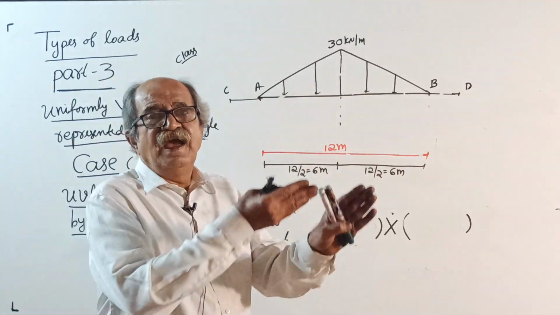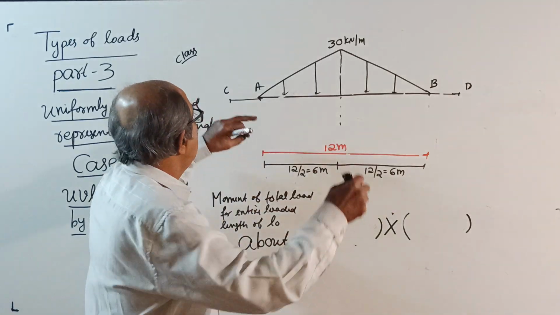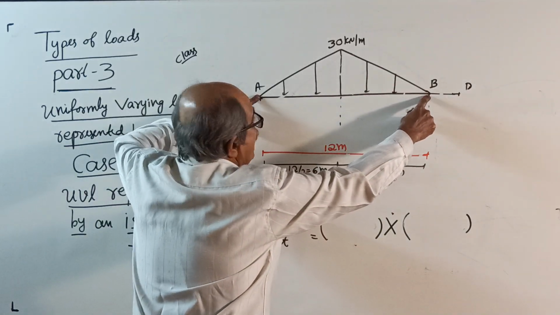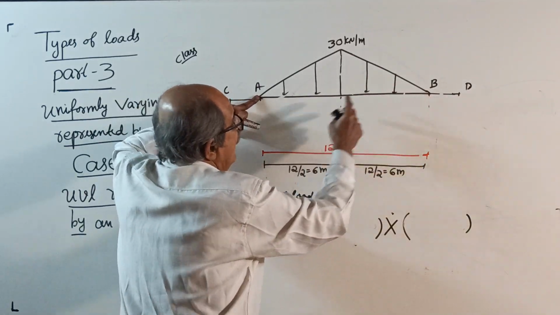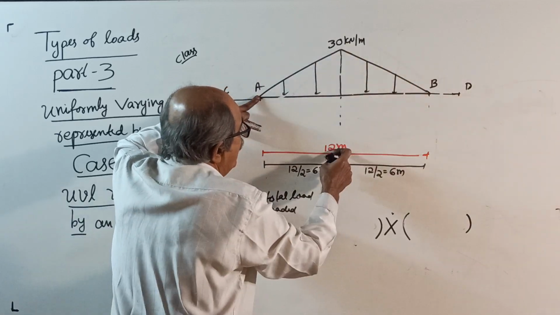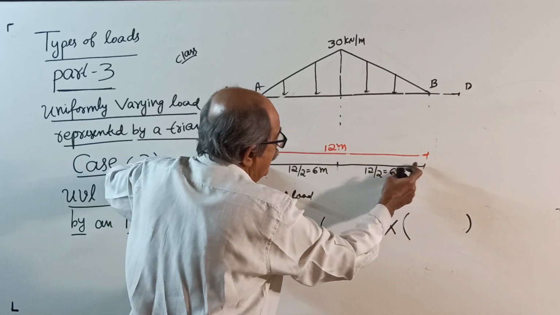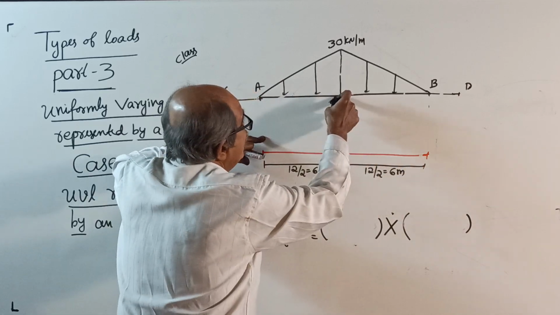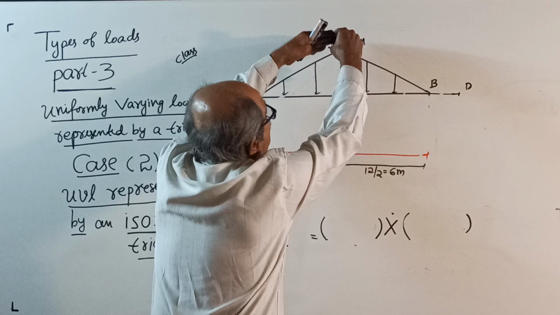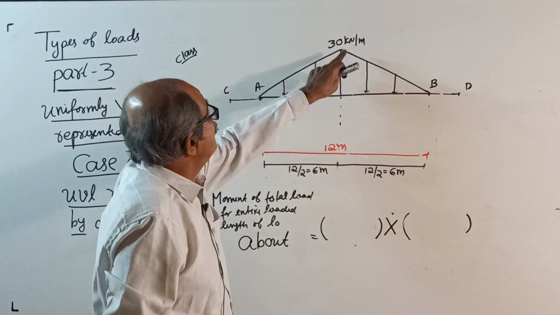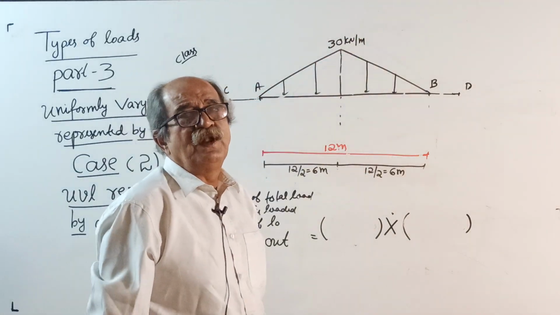Isosceles triangle means either side equal. So intensity is 0 at the ends of the loaded length, and when you come to the center of the loaded length, that is 12 by 2 equal to 6 meter, it increases linearly from either side and reaches a maximum of 30 kilonewton per meter.